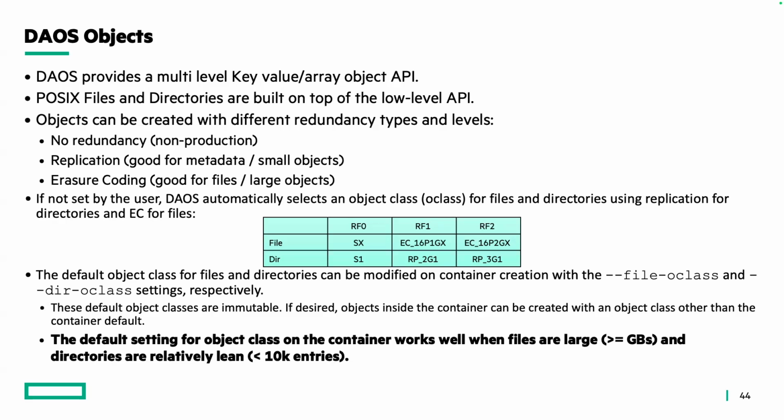You don't have a directory that directly contains a million or a billion files. I'm not talking about subdirectories, just the first level of the directory. If that's relatively lean and files are relatively large, this is fine.